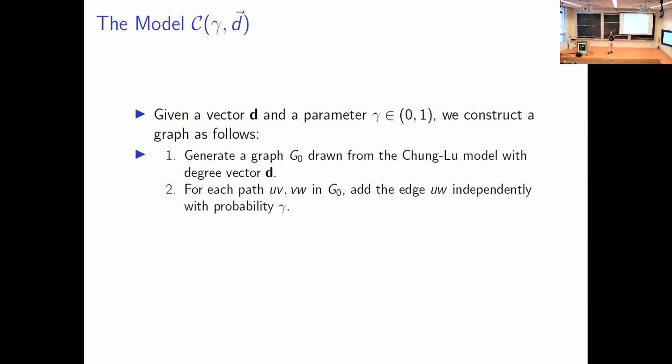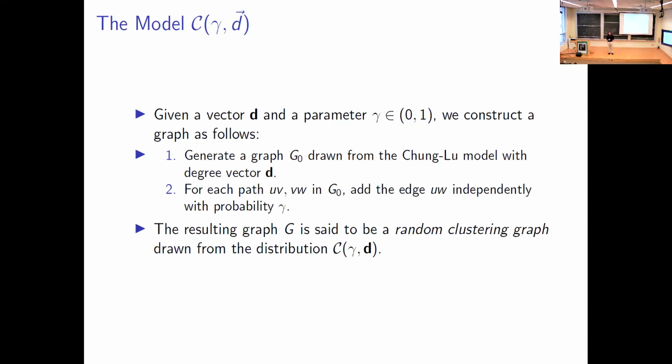Every time I have a path of length 2, flip a coin with bias gamma and add the edge if it comes up heads. Notice there can be a lot of paths between a pair of vertices. There can be many, many paths of length 2. If any one of them comes up heads, add the edge. We will refer to this as a random clustering graph denoted by C gamma of d.